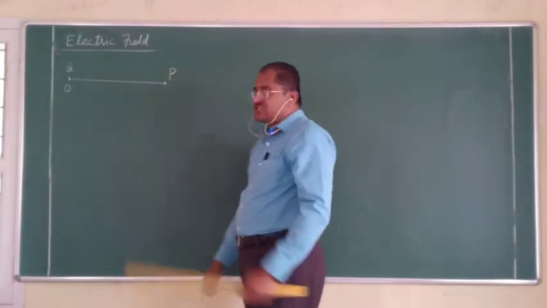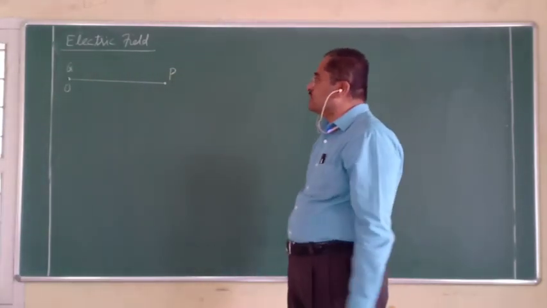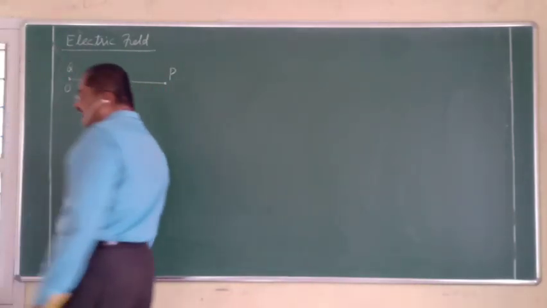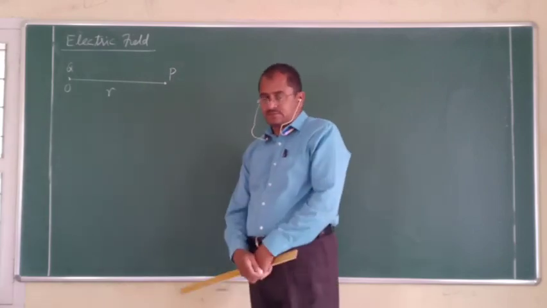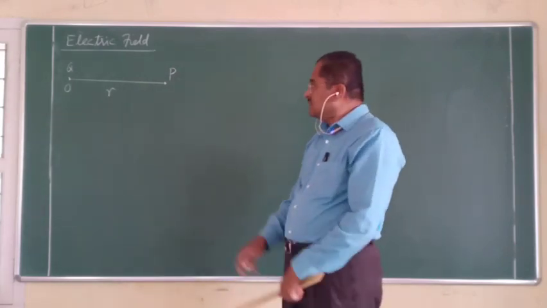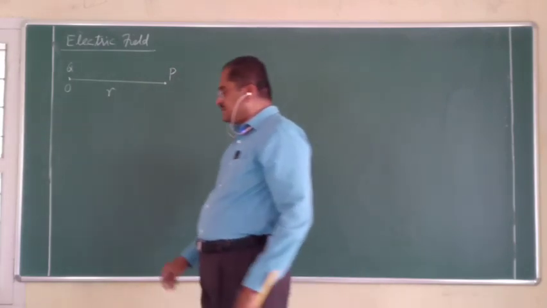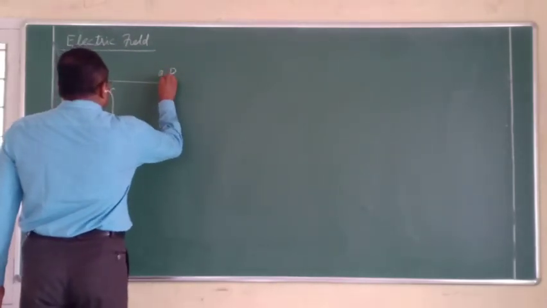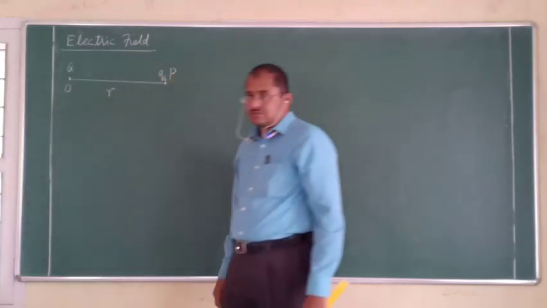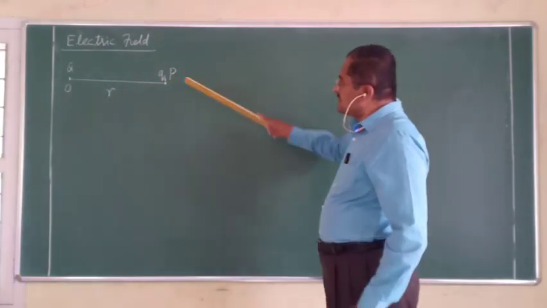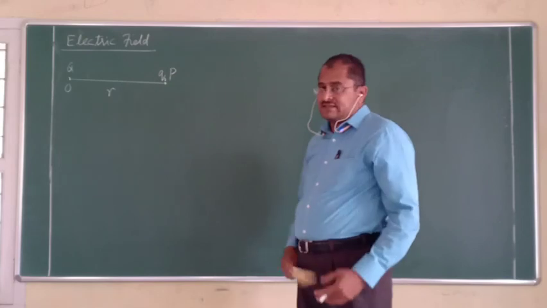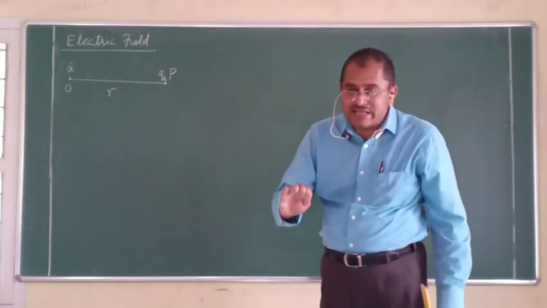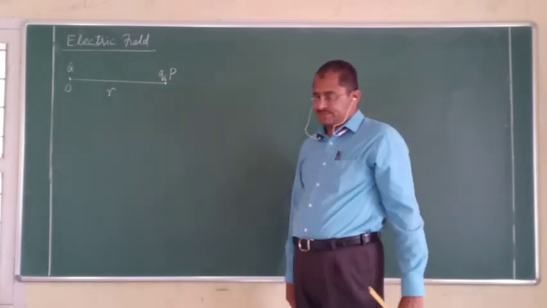Let us say I have a charge Q, a point charge Q, and at a distance r, I have a point P. Now, at the point P, let me place another charge Q naught. The moment I place a charge Q naught at P, this point charge Q naught is experiencing a force.